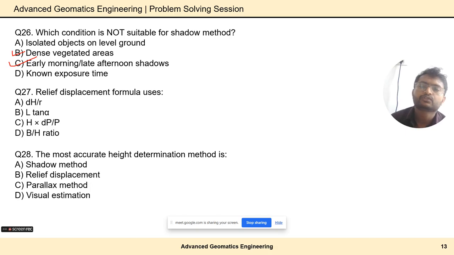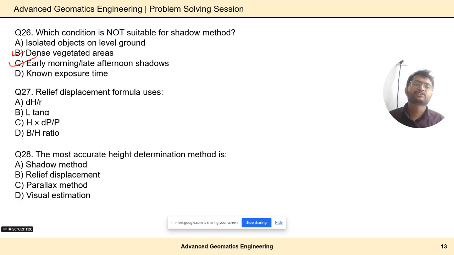Early in the morning, the shadow will not be proper, because the sun angle is at the horizon, just rising up. The shadow will be a mixture of lots of things because it is near the horizon. That's why it is recommended to take shadows after 10 a.m., when we have proper shadow length.